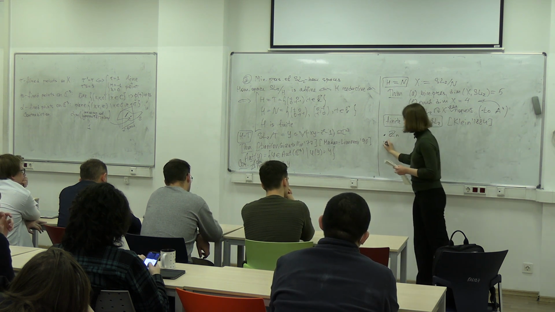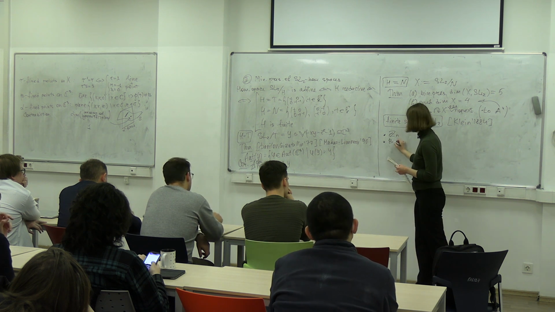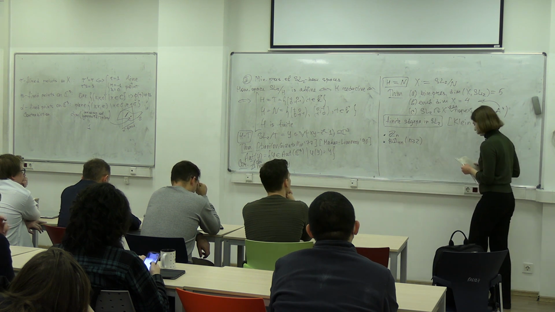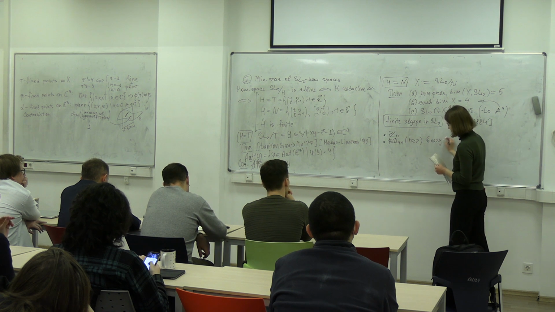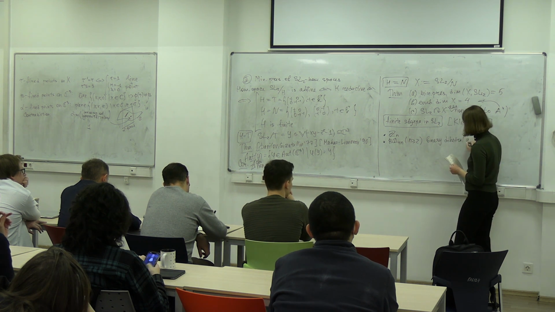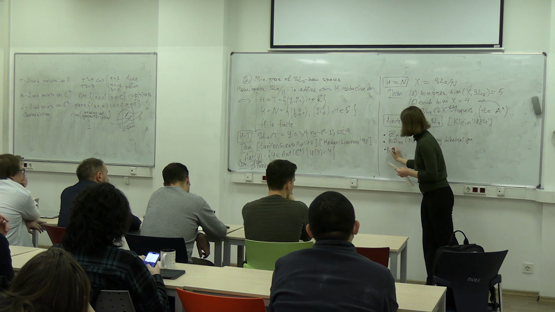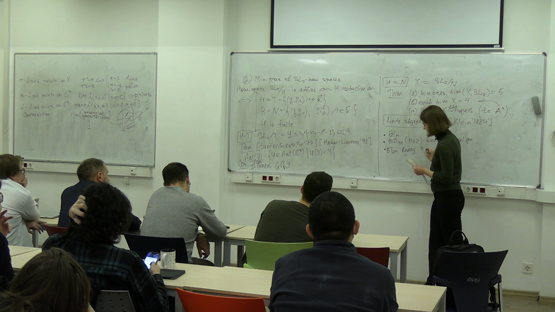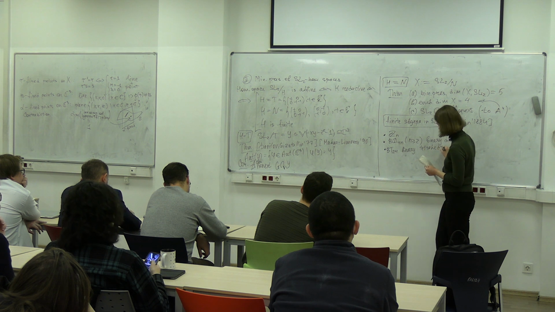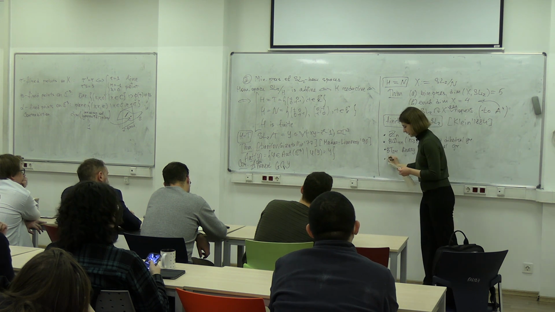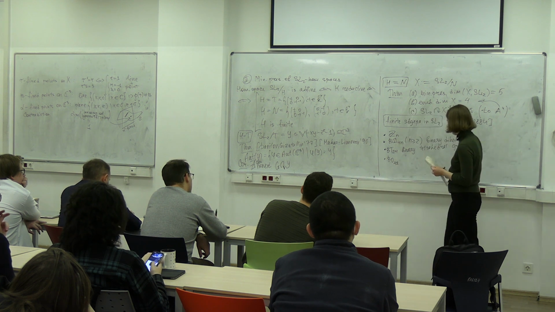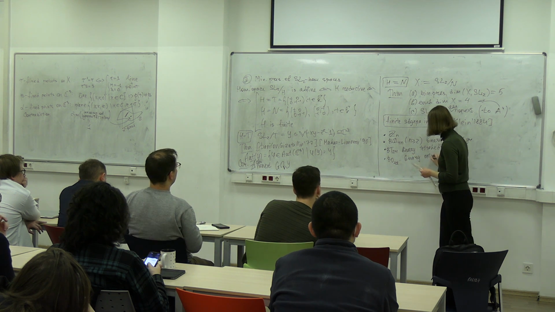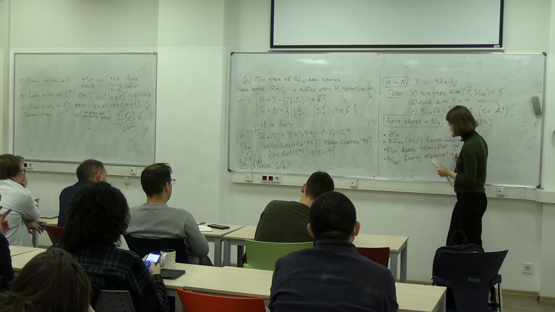There is the binary dihedral group, where we require n to be greater than or equal to 2. Then the binary tetrahedral group, of order 24. The binary octahedral group, of order 48.